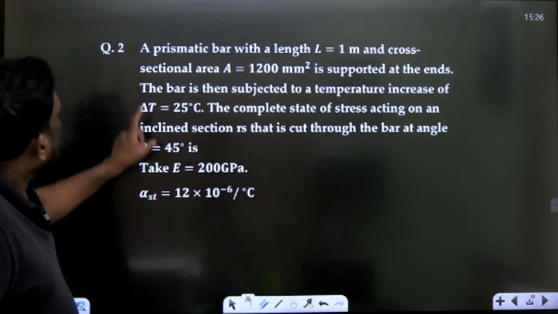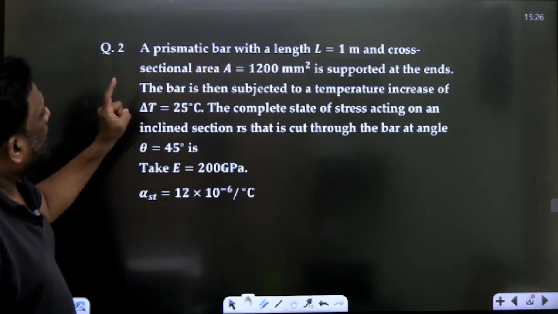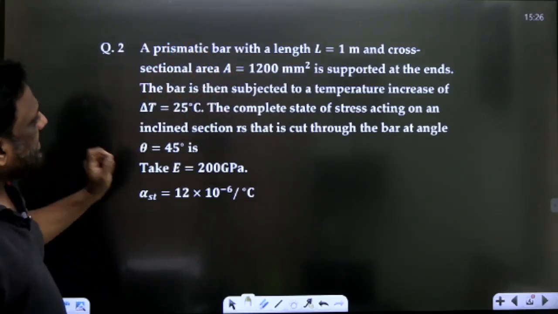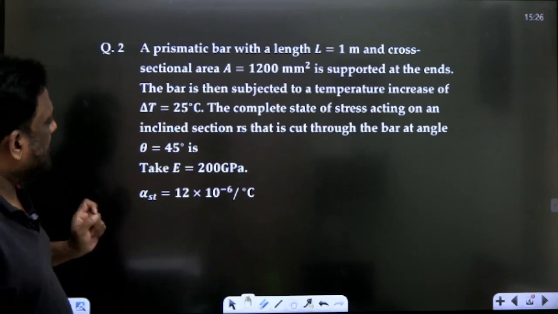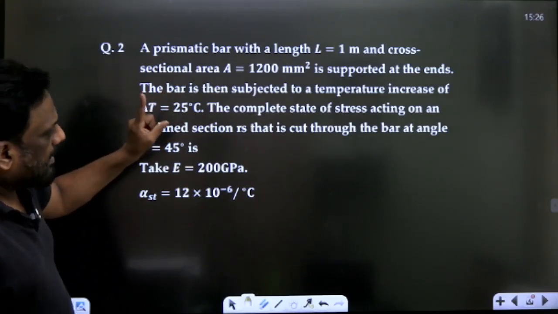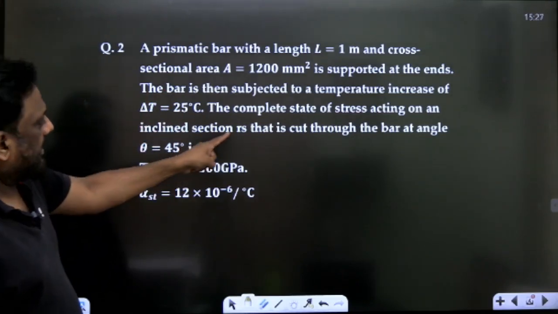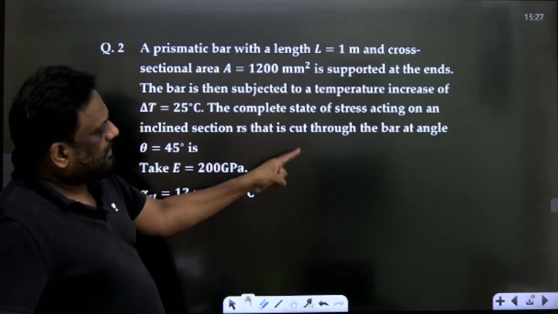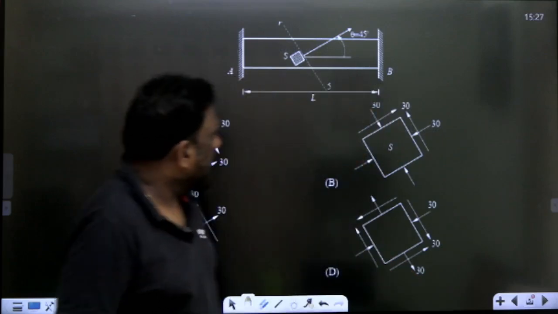Second question. A prismatic bar with a length of 1 meter and cross-sectional area 1200 is supported at the ends. The bar is subjected to a temperature increase delta T of 25. Find the complete state of stress acting on an inclined section RS that is cut through the bar at an angle of 45 degrees. See the figure.